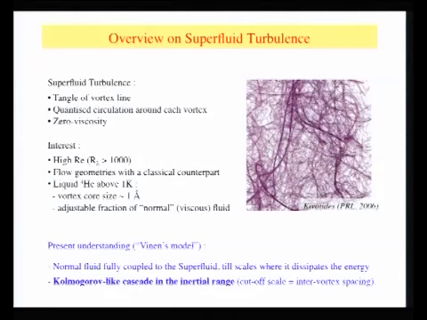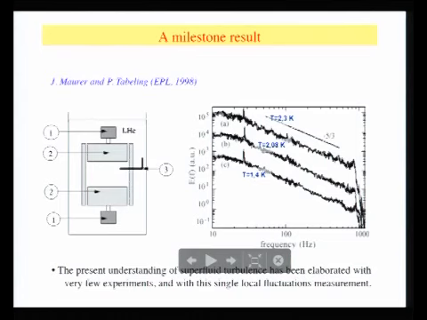The present understanding of superfluid turbulence, as already explained before, is mostly due to Joe Vinen. It states that the normal fluid is fully coupled to the superfluid in the inertial range, and that in the inertial range you expect the superfluid to have a Kolmogorov-like cascade.